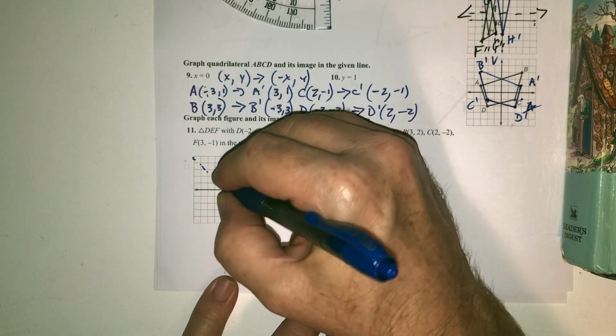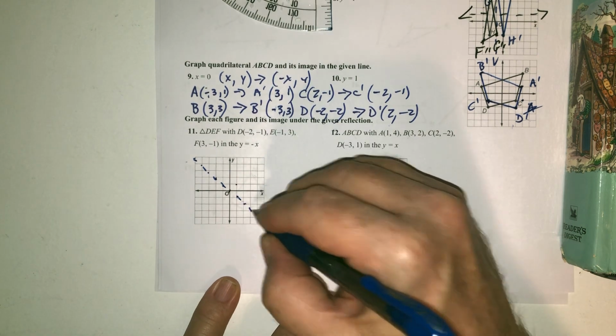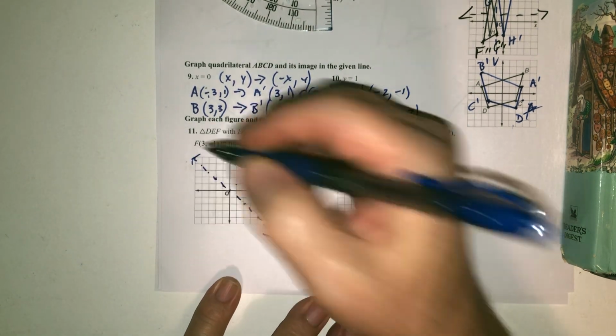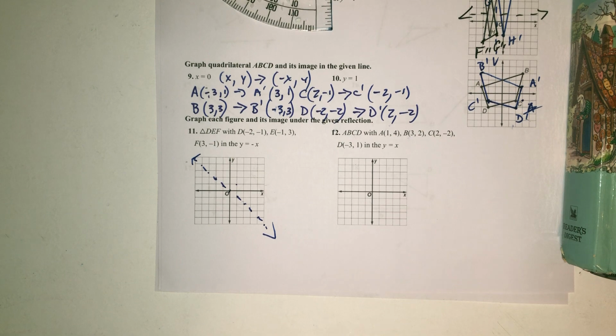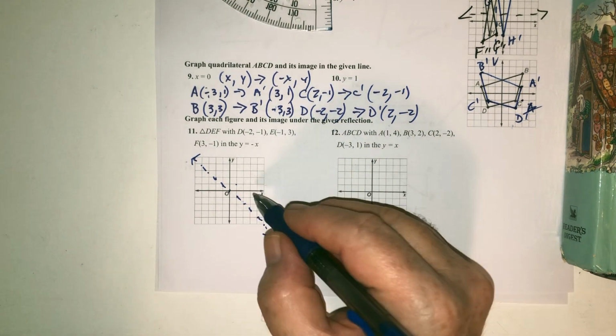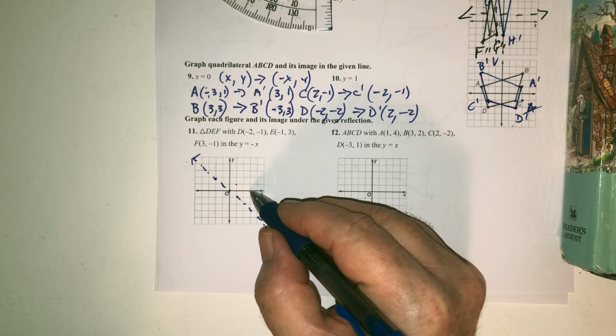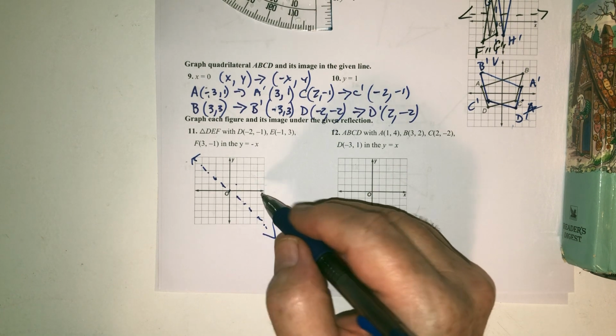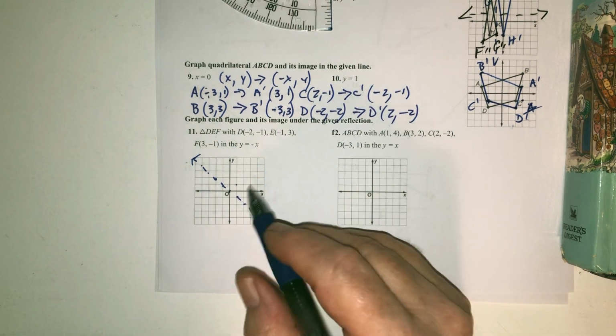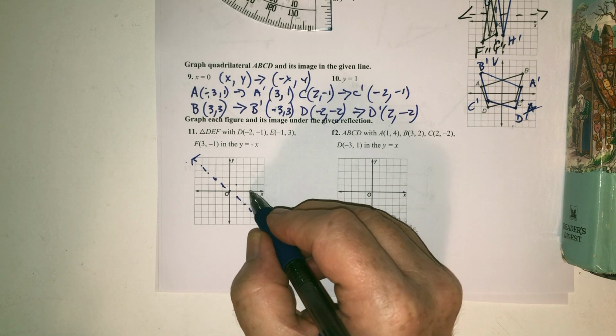And now what I would tell you to do is to take a point that you know the coordinates for and just reflect it about that line. Let's take the point (3, 2).